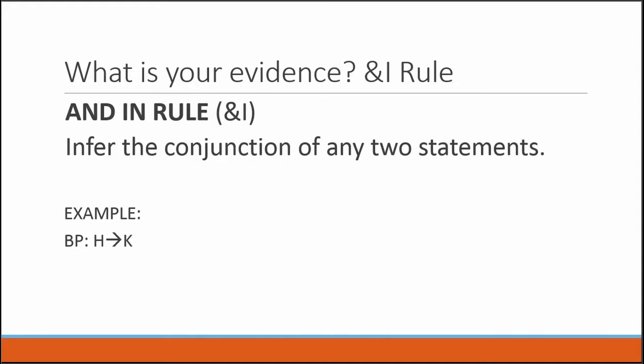This statement is in the form of a conditional, basic premise H arrow K. Here's another statement, again in the form of a conditional, M and Q arrow B. We can apply and in to these 2 statements to create a very complex conjunction, H arrow K and M and Q arrow B. Okay, so you can apply and in rule to any 2 statements and infer the conjunction of those 2 statements.